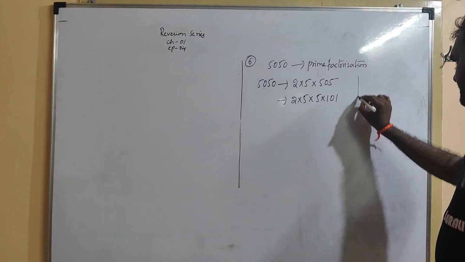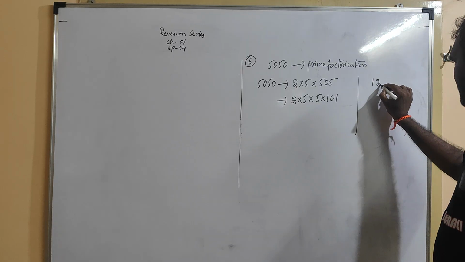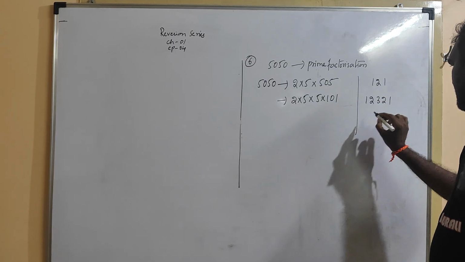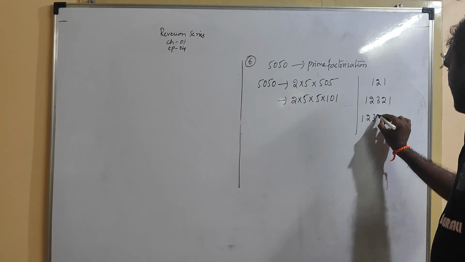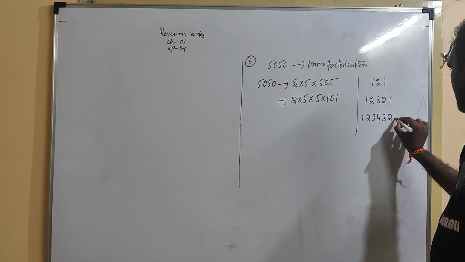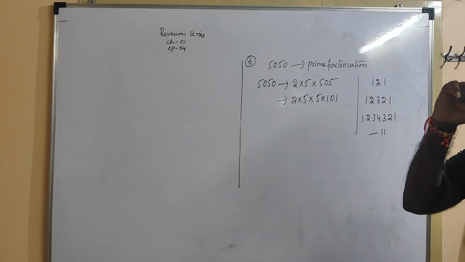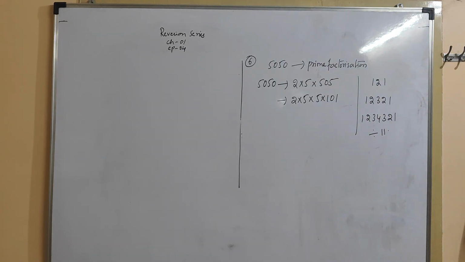Palindrome numbers means 1 2 1, 1 2 3 2 1, 1 2 3 4 3 2 1. These and all are divisible by 11. But here whether it is divisible by 11 or not, you check.